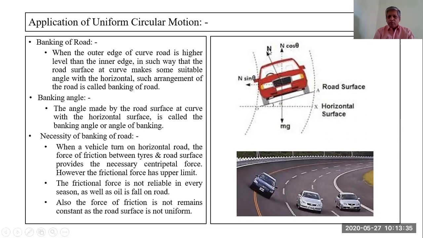In this diagram, OA is the road surface, OX is the horizontal surface, and the curve is towards the left side. Here the outer edge is at a higher level than the inner edge.